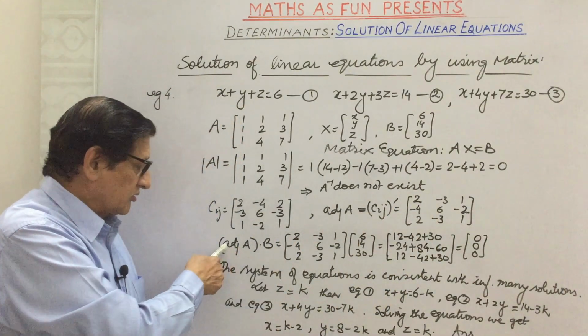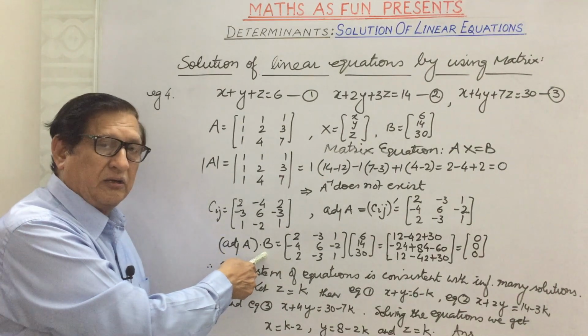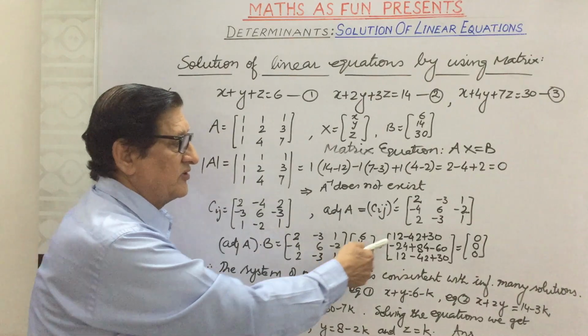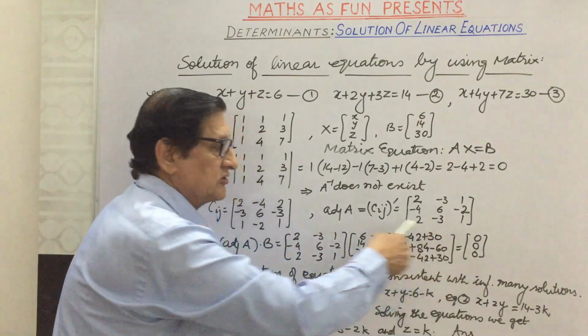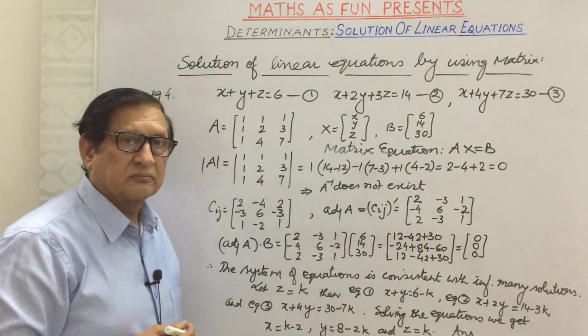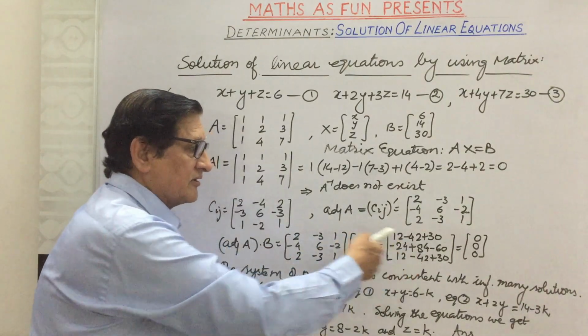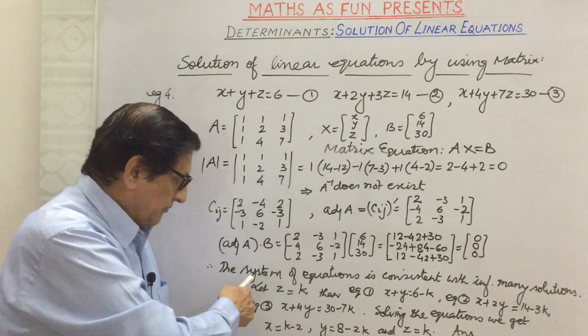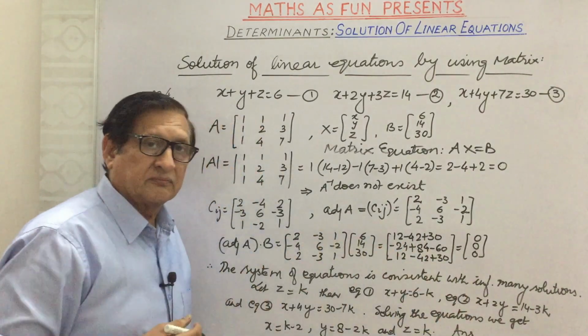And then we find the product of adjoint A and B. Adjoint A into B, when we multiply the matrices, we are getting is coming as 0 matrix. And if it is 0 matrix, then we know the system is consistent with infinitely many solutions.